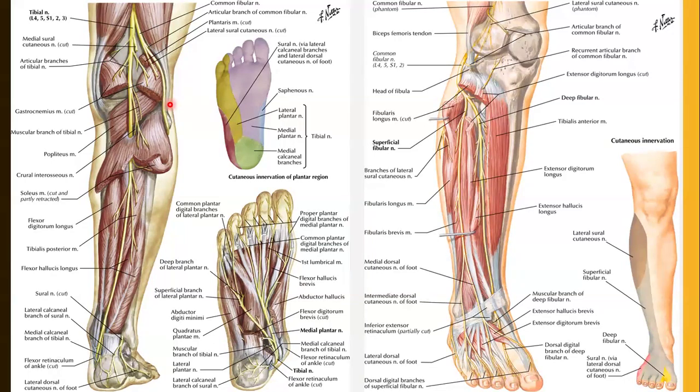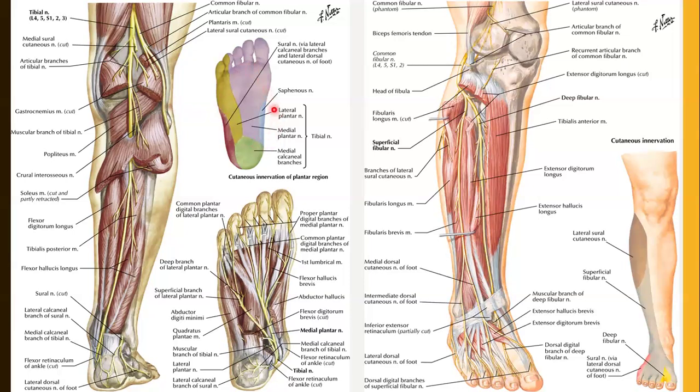So I've mentioned several articular branches. Remember, the ones with the M arise from the tibial nerve. Then the ones without M arise from the common peroneal nerve.